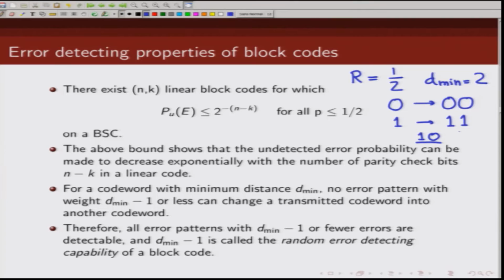So, we are able to detect a single error. To repeat, if you have a linear block code whose minimum distance is d min, you will be able to detect all error patterns of weight up to d min minus 1.